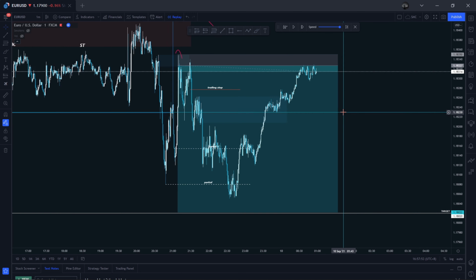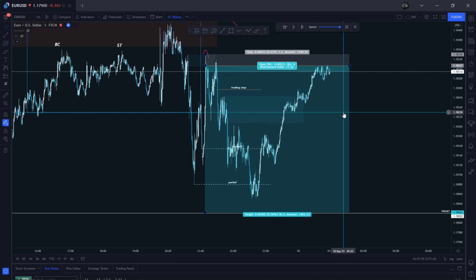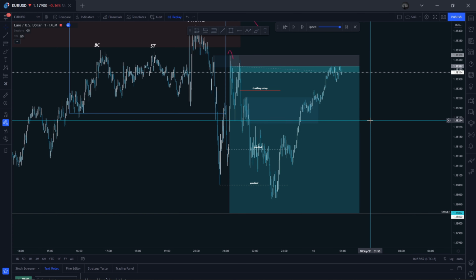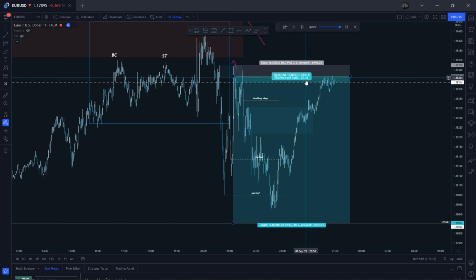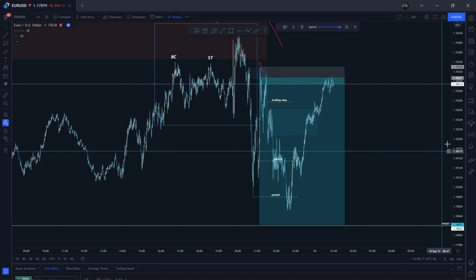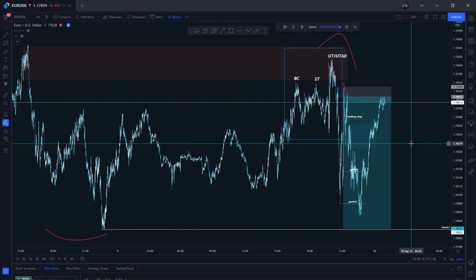So you could lose 8 times and only win 2 times, but technically that is still profitable, since let's just say you risked 1%, so that's a 13%. If you lost 8 times, which is negative 8%, you basically made profit on this one trade since it's 13%. So yeah, that's basically how I do top down.